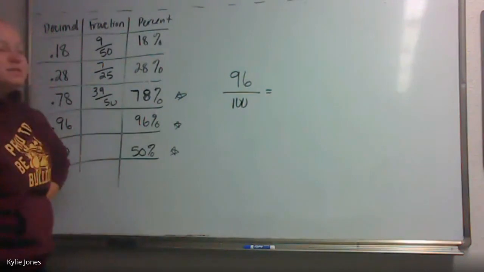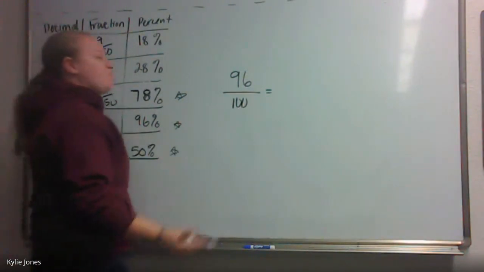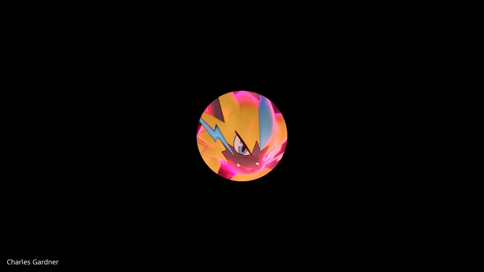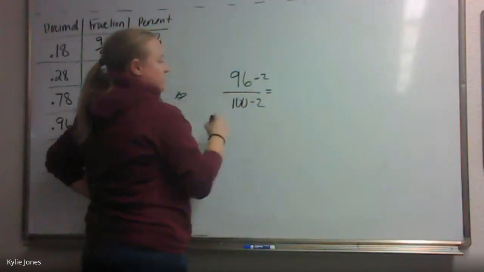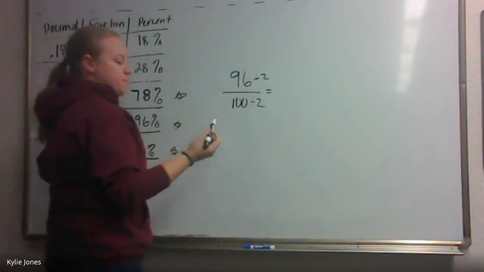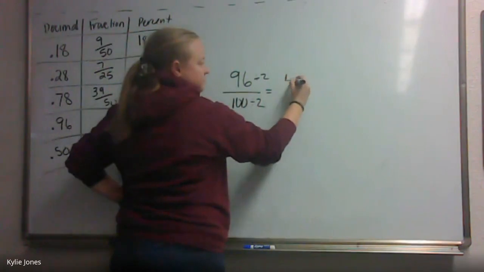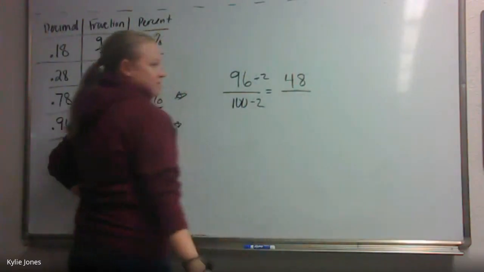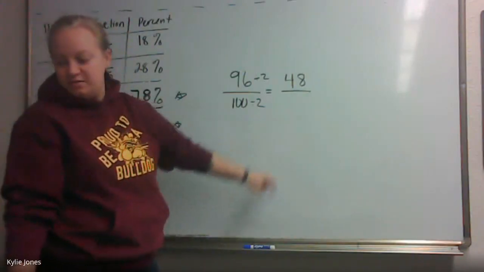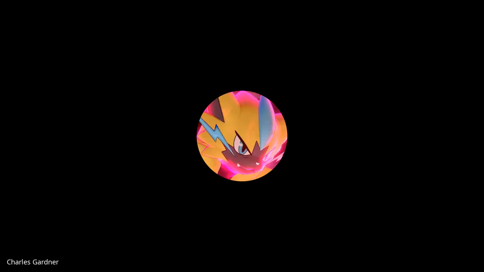Now, what number goes into both 96 and 100? 2. Okay, let's start with 2. What's 96 divided by 2? 48. Good. And then 100 divided by 2 is 50. Divide by 2 again. Yeah, we can keep going.